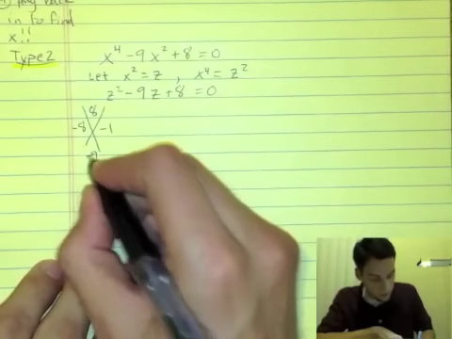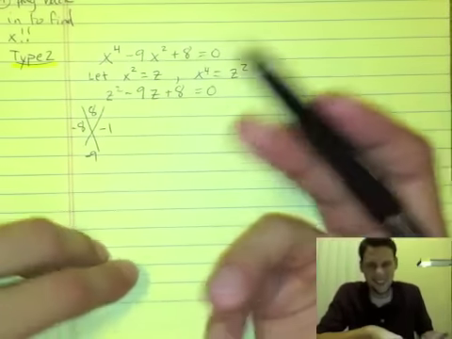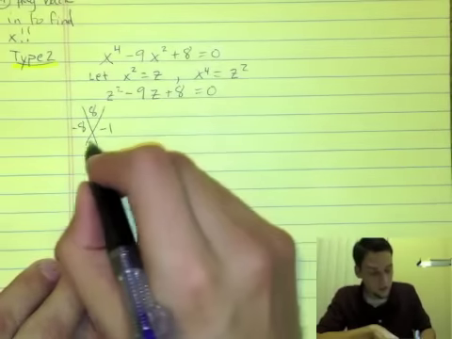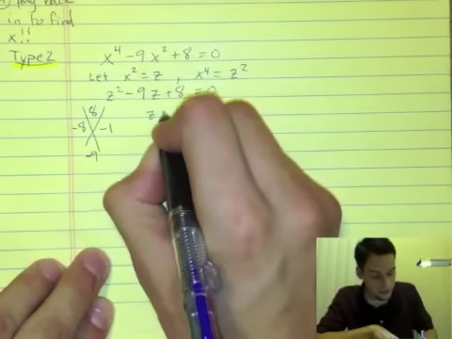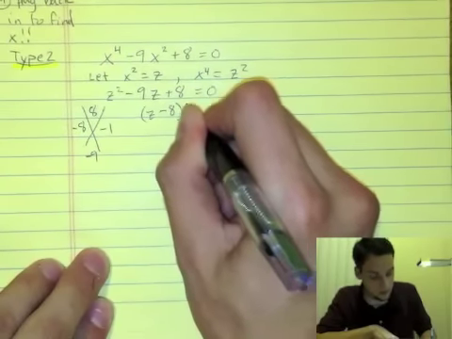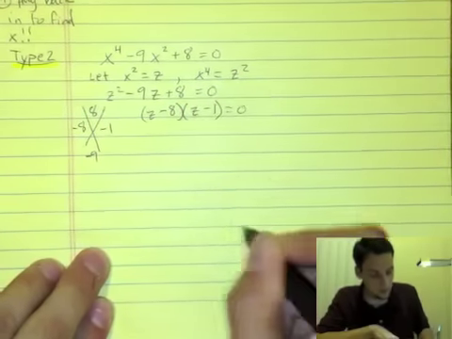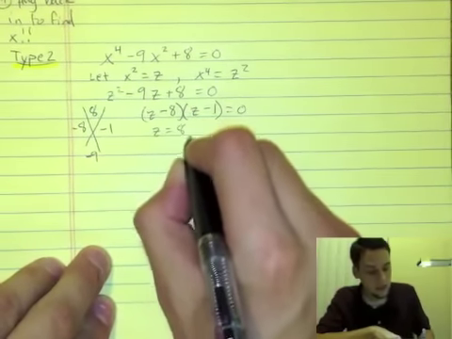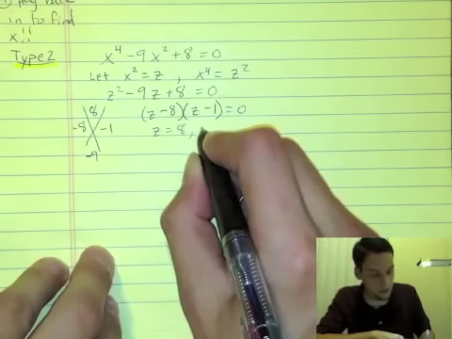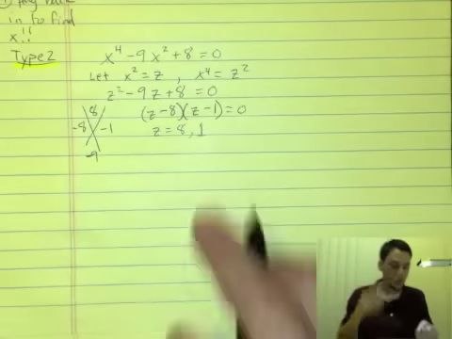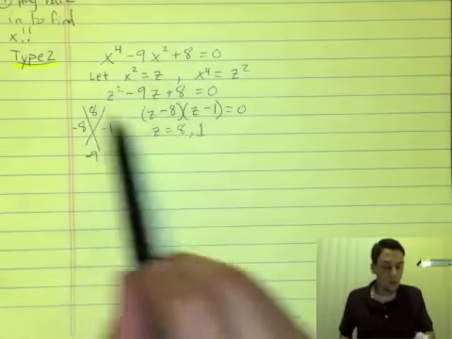There's a lead coefficient of 1, so I can go z minus 8 times z minus 1 equals 0. And then setting each piece equal to 0, I can get z equals 8 and also z equals 1. So those are the two things that will satisfy this quadratic equation.